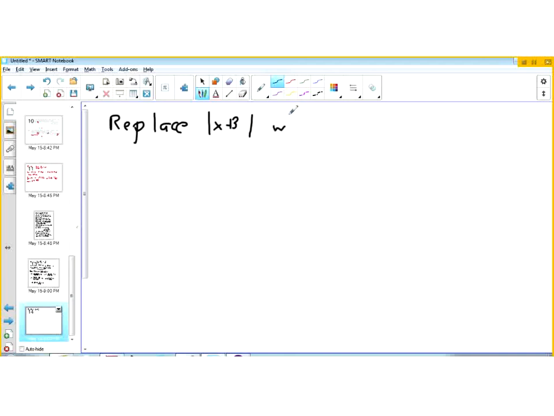So replace the absolute value of x plus 3 with a constant, C, and keep the absolute value of x minus 3, since a was 3.